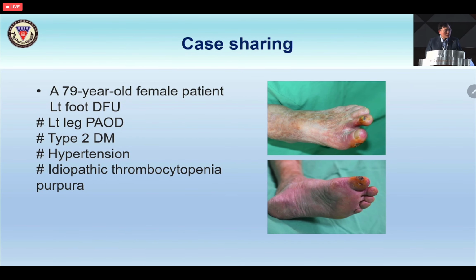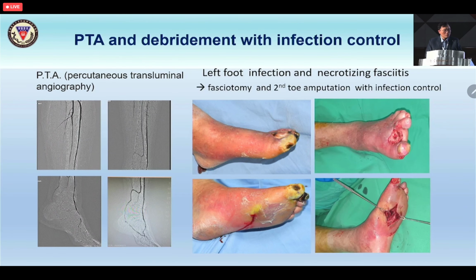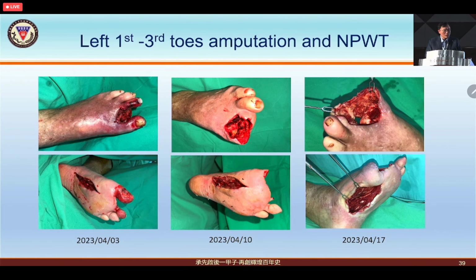And another severe case, they have a foot ulcer, severe PAD, and after debridement, the infection, cellulitis occurred, and necrotizing fasciitis extended after angioplasty. So we control the infection first. We needed to do an extended fasciotomy and infection control. And finally, some toes were still not good, so we amputated.